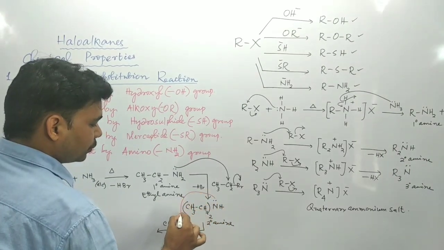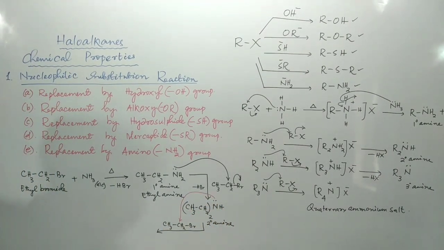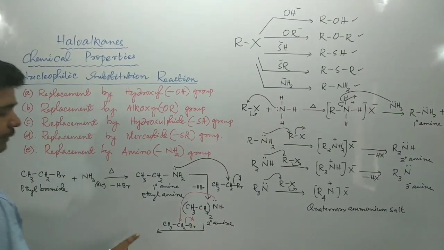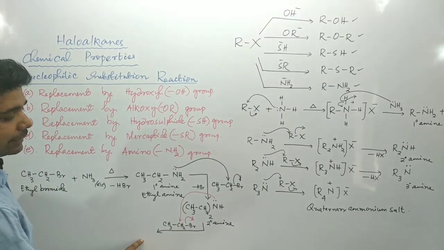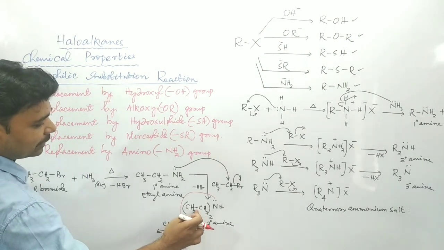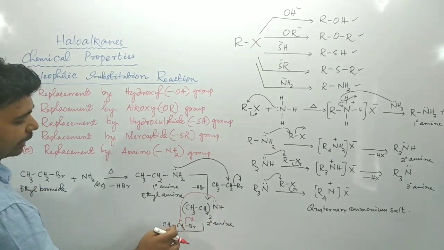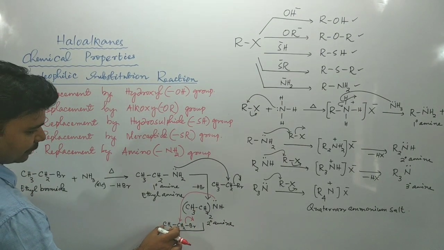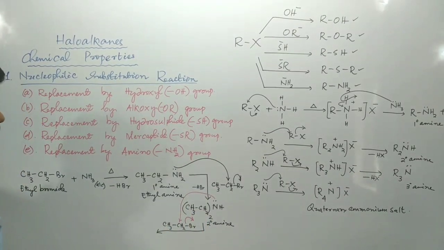It will approach this carbon center such that this Br will be removed. Then we will get tertiary amine R3N. Two R are already present in the secondary amine, another R will come from this alkyl halide. So this is again CH3CH2, and two CH3CH2 were there.